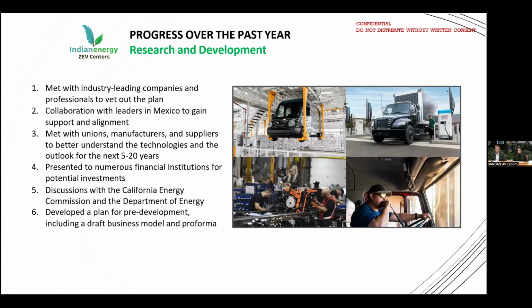It really is more of a onesie twosie process that does not supply the network that's needed to incentivize the adoption of a medium and heavy duty ZEV fleet. And so without that infrastructure there, everyone's just waiting on everyone else. So the ZEV ring that we're presenting is the reality that is needed in order to make this adoption happen.